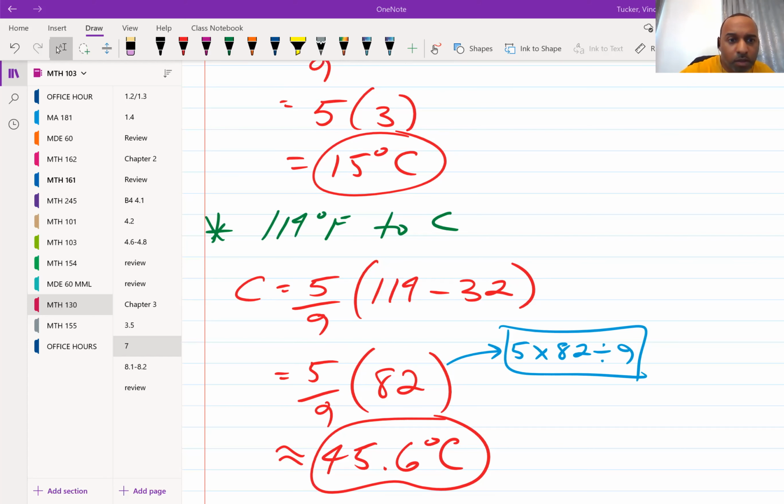Yes, formulas. How many of the different formulas are we going to be tested on?